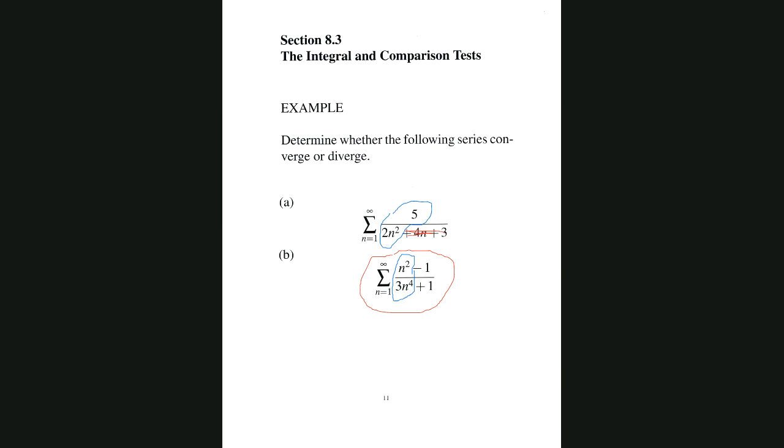You see how I'm doing that? I'm showing you how to come up with the comparison series. What series am I going to compare my ugly series to? What nice series? This is how I come up with it.